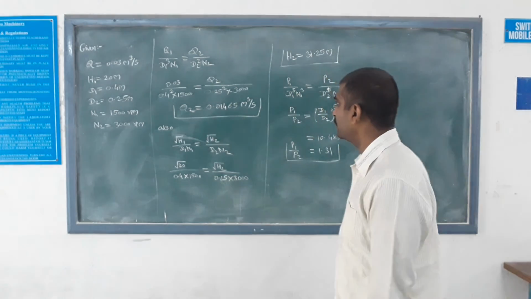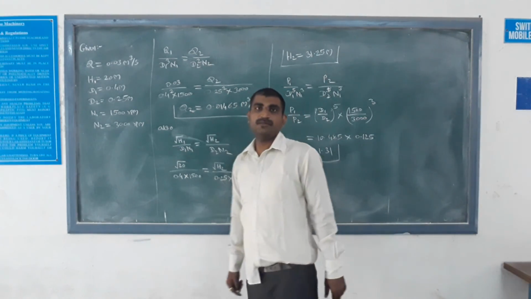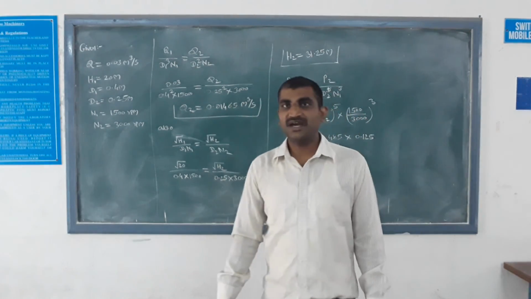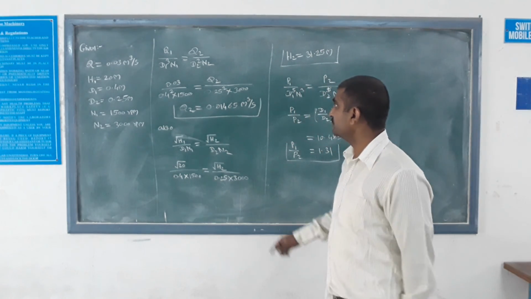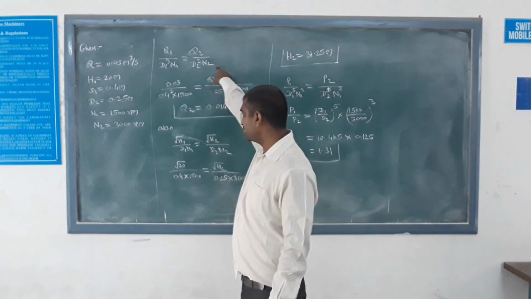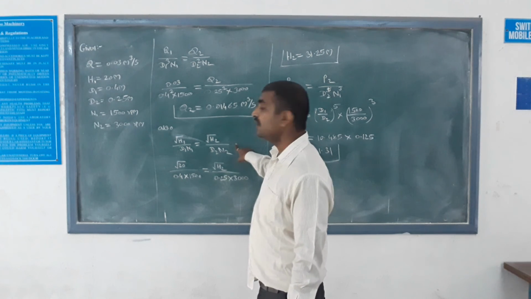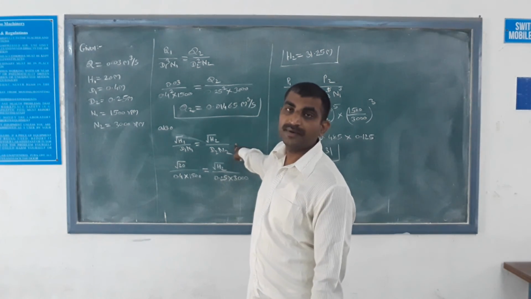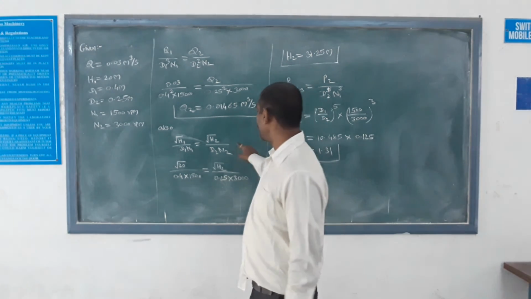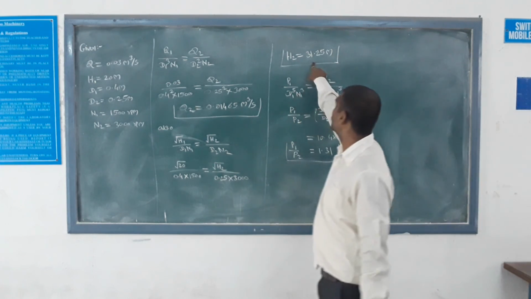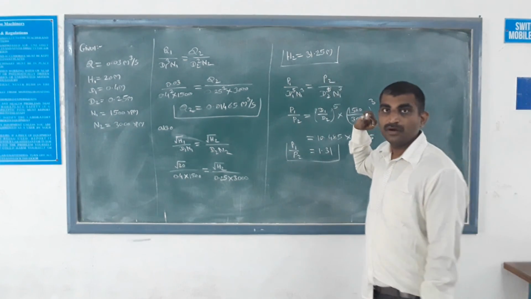First we found the discharge Q2 of the similar pump from the similarity formula, then H2 equal to 31.25.